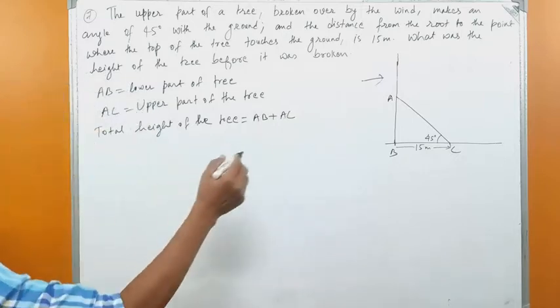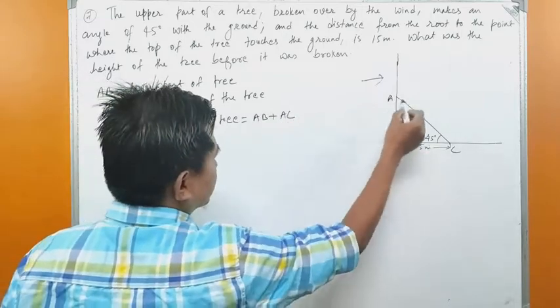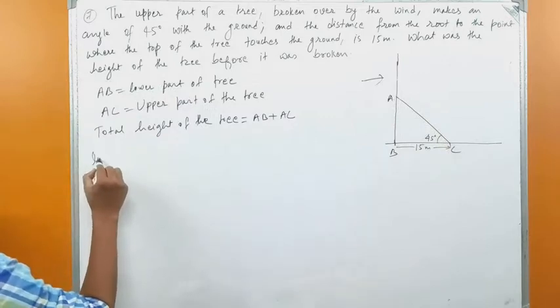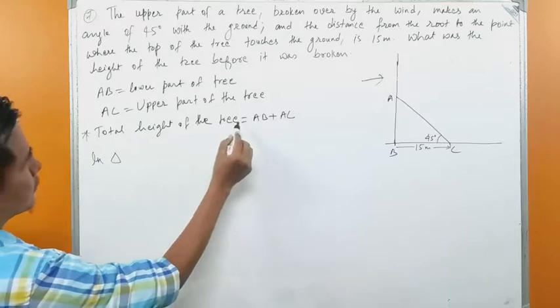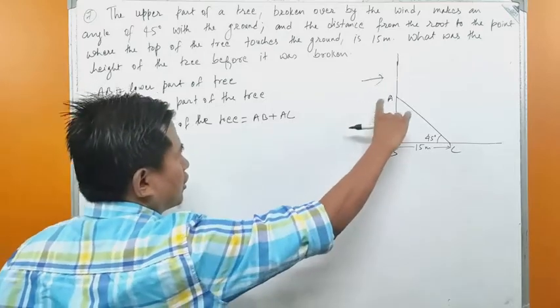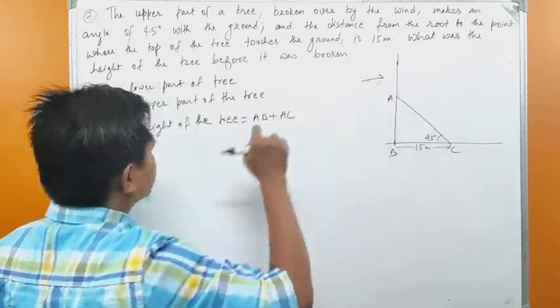Now let us do in triangle ABC. This is what we are asked to find, total height of the tree, that is AB plus AC, lower portion of the tree plus upper portion of the tree.